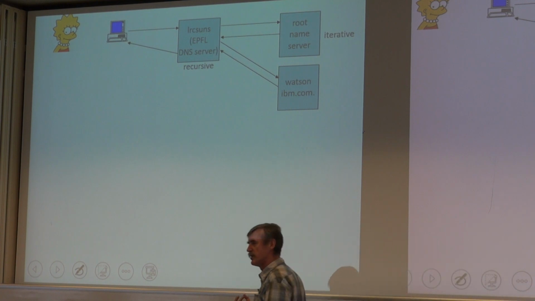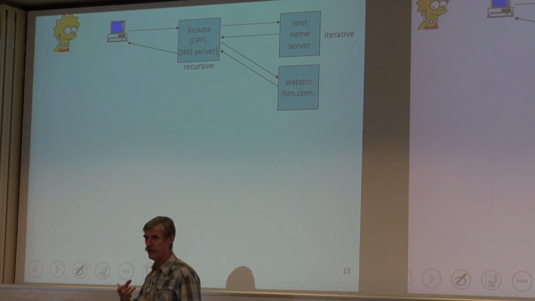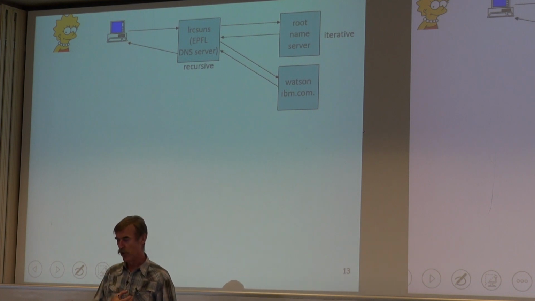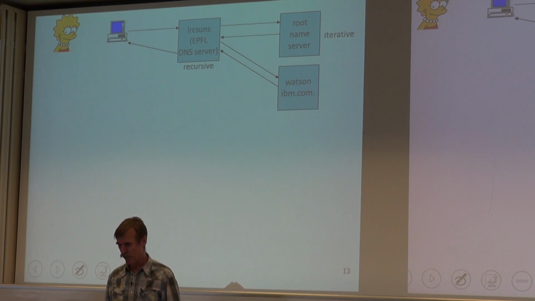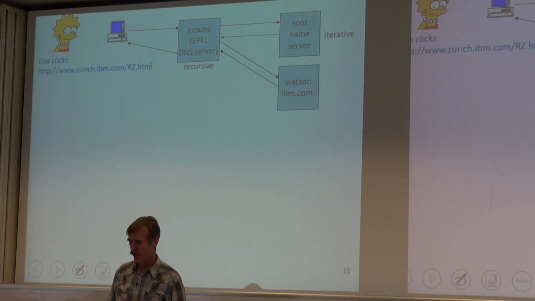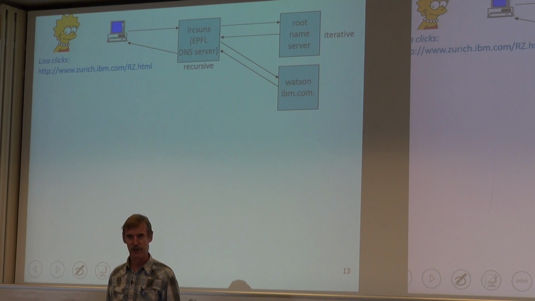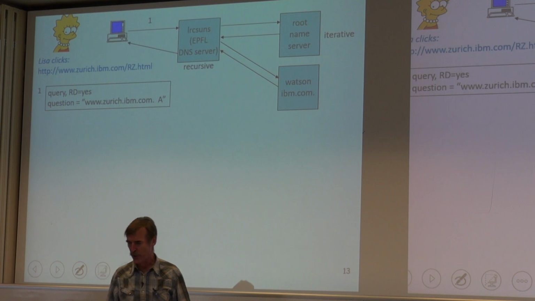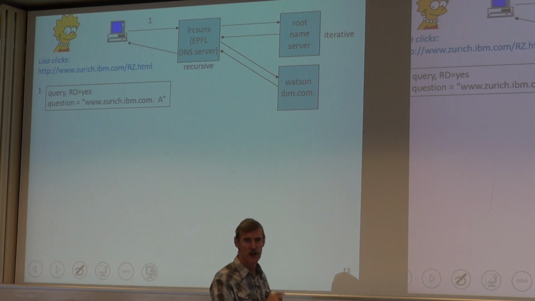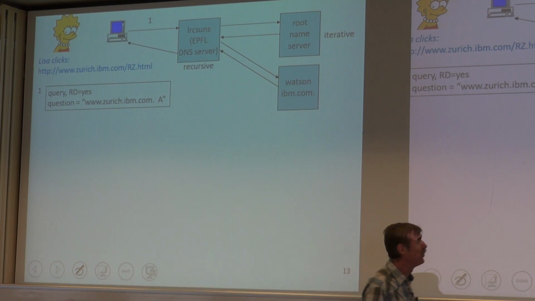That may be a system service or may be specific to the application that will go to a DNS server, will send a query to a DNS server, like here when Lisa clicks on www.zurich.ibm.com, then the machine will send a message, number 1 on this cartoon, which is a DNS query.